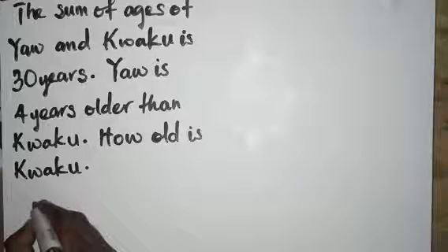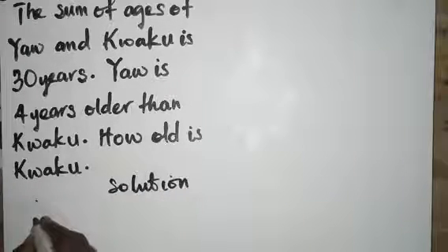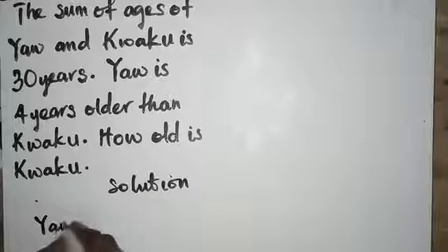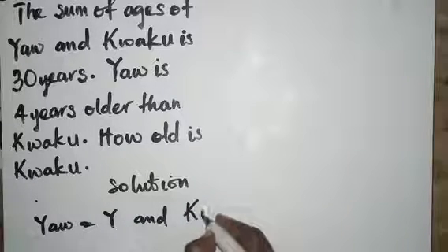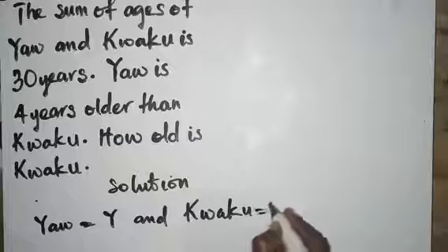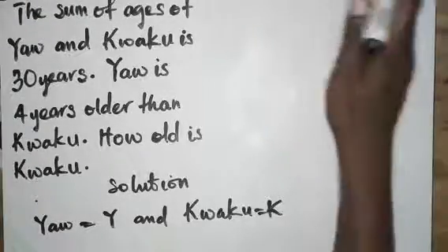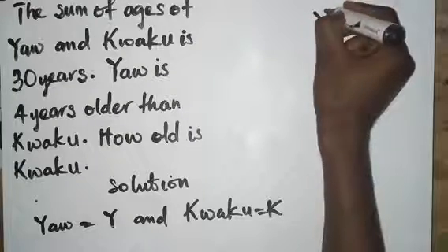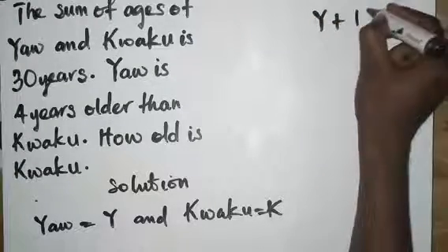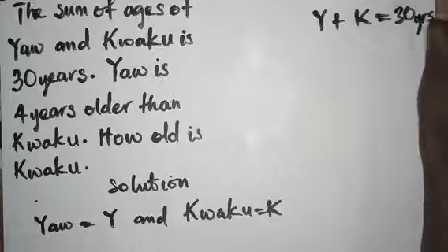So if Yao is Y, and Kweku equals K, we say when we sum their ages, that means Y plus K must be equal to 30 years.